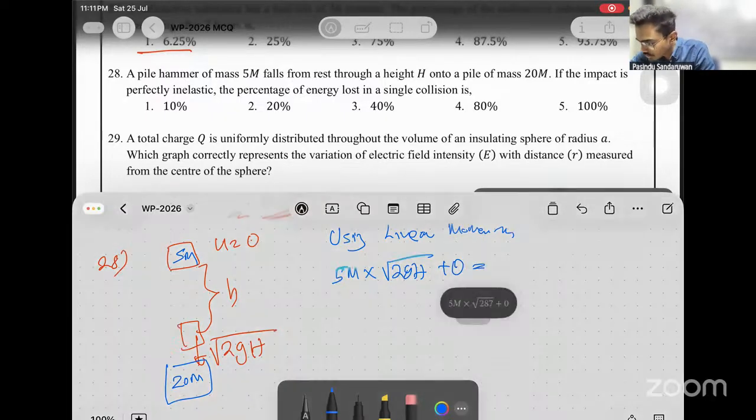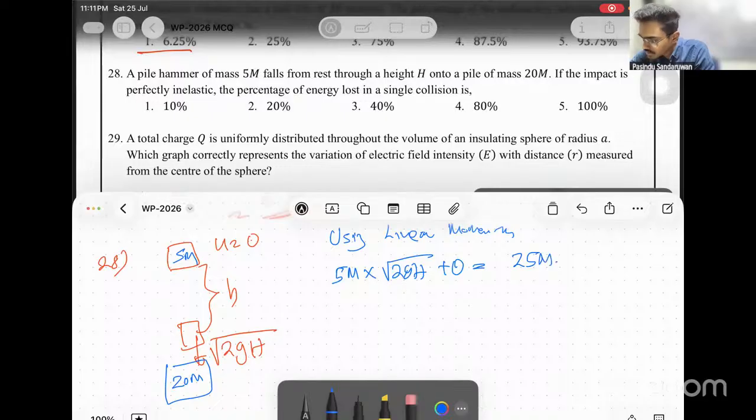Finally, the total mass is 25m. Let's say their velocity is u. Then m cancels, and u is root 2gh over 5.